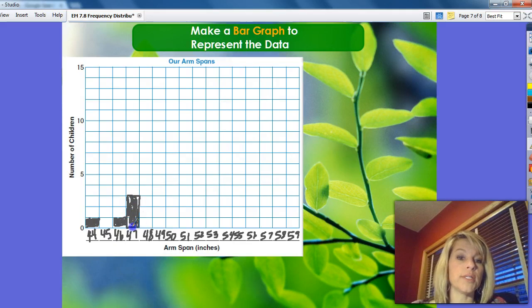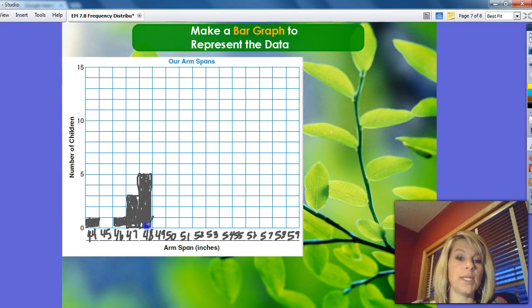If I go to the frequency table and look at 48, I know that there were 5 students. 1, 2, 3, 4, 5. That matches this number here. And I keep going until my bar graph is completed. And remember, bar graphs are a great way to show data because you can really pick out that highest number and that lowest number, the most frequent number.